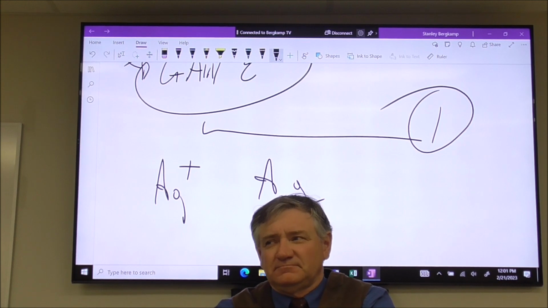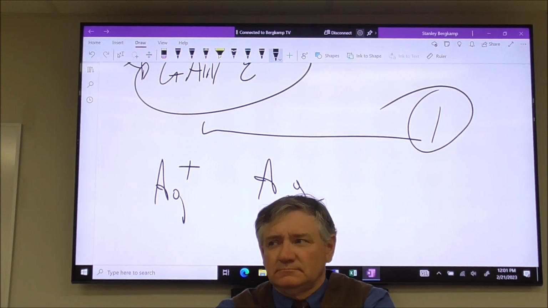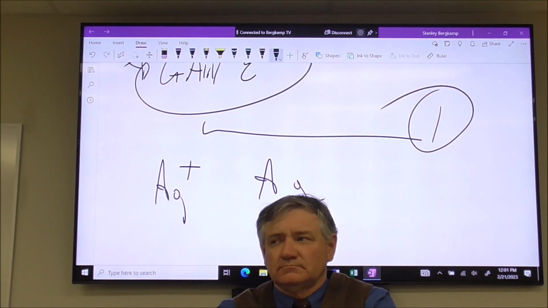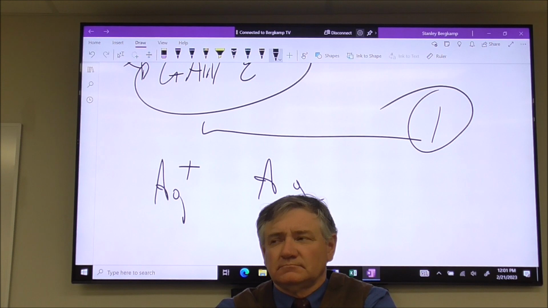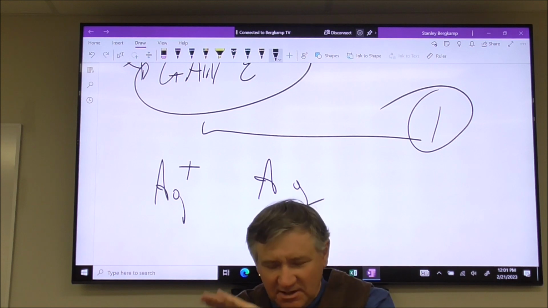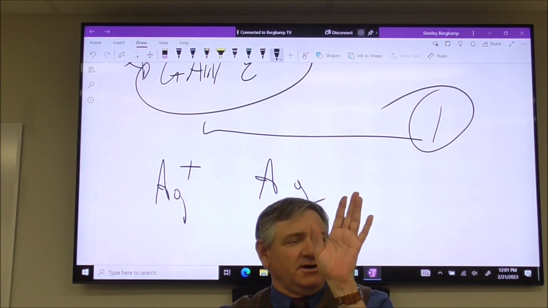Evan, the ion. Why? Because then silver will have a neutral charge, which it's fine with. But if you were to give elemental silver an electron, that would be Ag minus, and metals don't like to be minus. Fantastic. Excellent explanation. Okay?